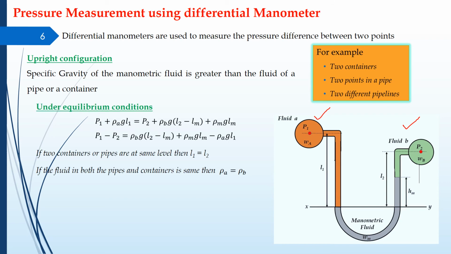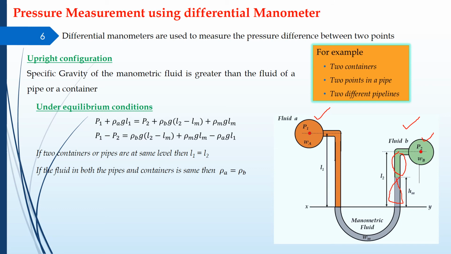So under equilibrium conditions, the pressure P1 over here will be equal to the pressure due to this liquid column, and so it is certainly rho A multiplied by g multiplied by L1, and it will be equal to P2, the pressure over here at this point, plus the pressure due to this column and the pressure due to this column. So we'll have three terms over here: one, two, three. In the other case, we have only two terms.